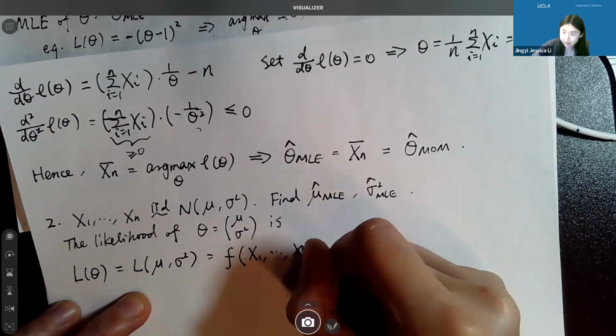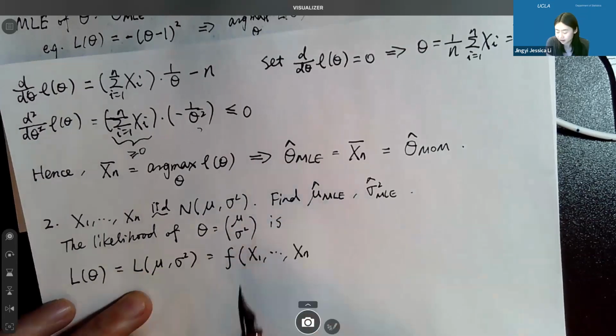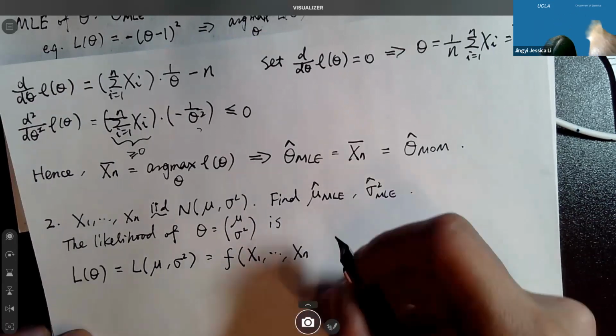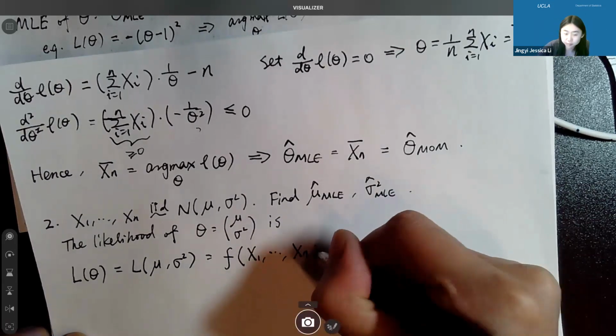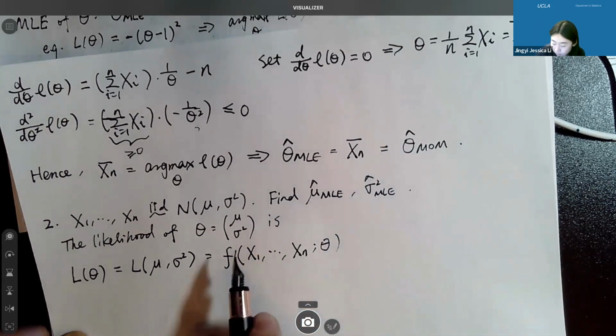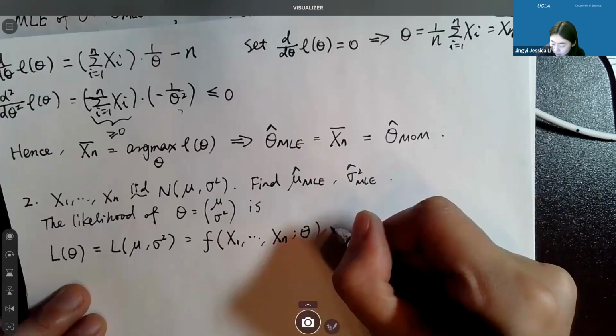So I'm still keeping the capitalized notation because you can take any random values, not just a particular set of numbers. And I evaluate them at a given theta, which is given mu and sigma squared. All right, and then what I can do is the IID, right?